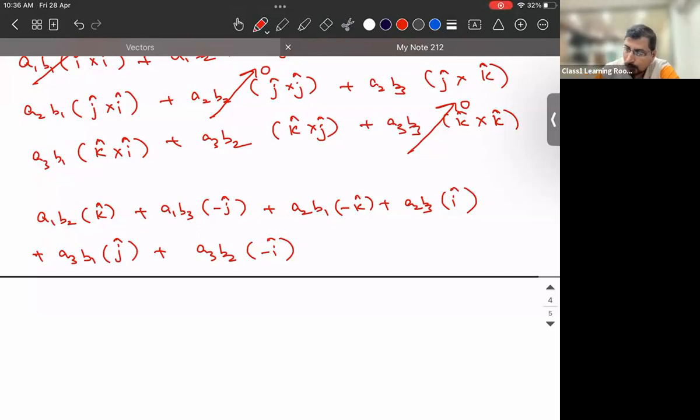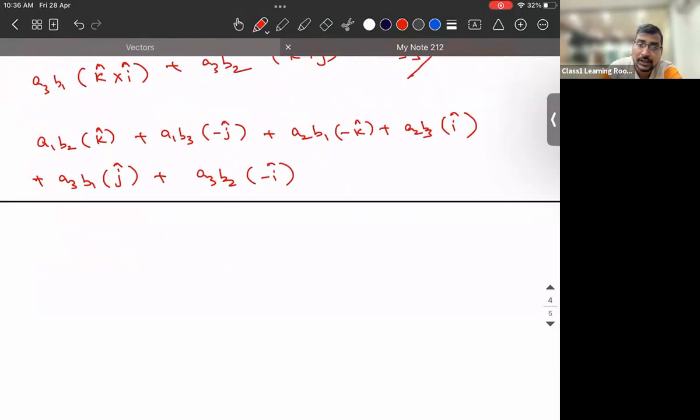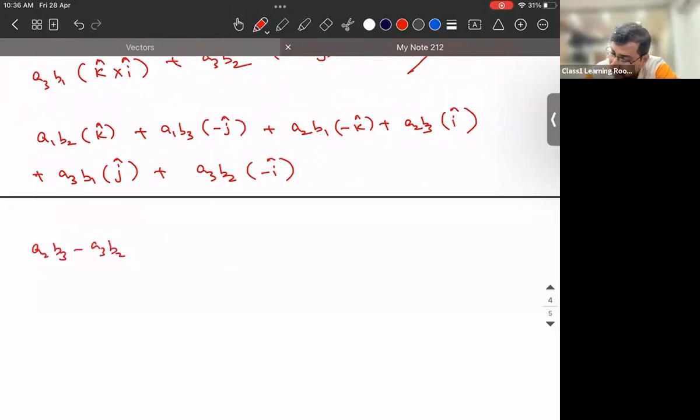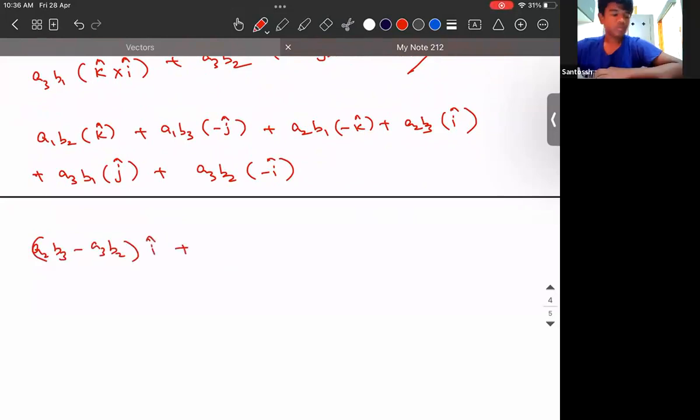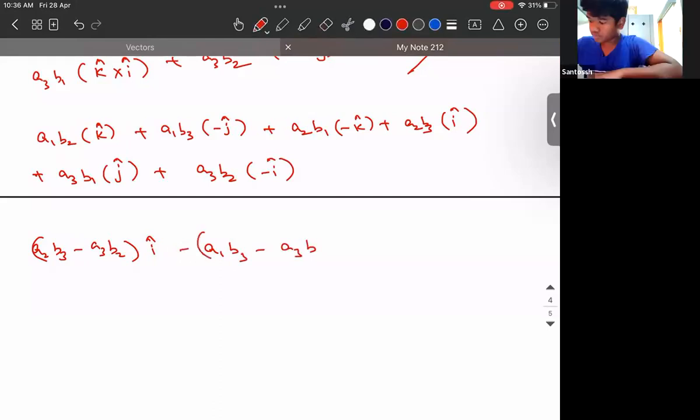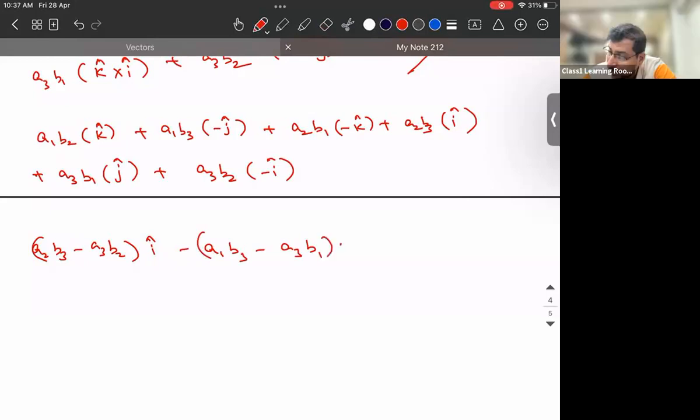Okay. So what you will actually get is, if you collect all the I terms, then you will have A2 B3 minus A3 B2 times I cap plus, I'll take the minus sign outside, minus of A1 B3 minus A3 B1 times J cap plus A1 B2 minus A2 B1 times K cap.